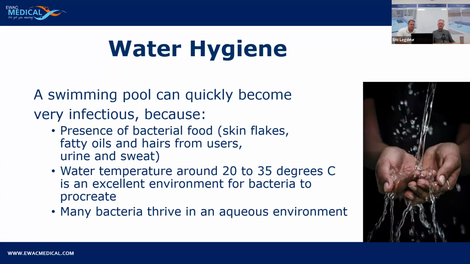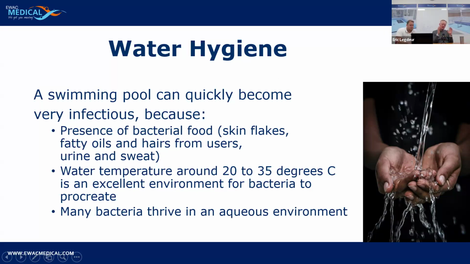Okay, so a swimming pool, you might notice, you might not notice, can become infectious because of the presence of bacterial food and a relatively high water temperature. And many bacteria and also viruses thrive in an aqueous environment.